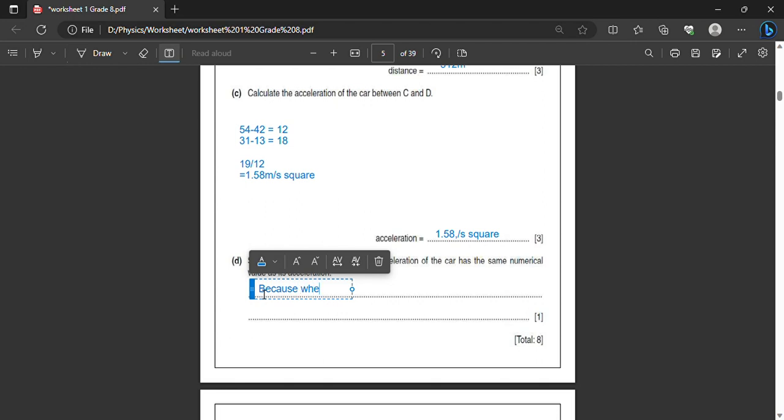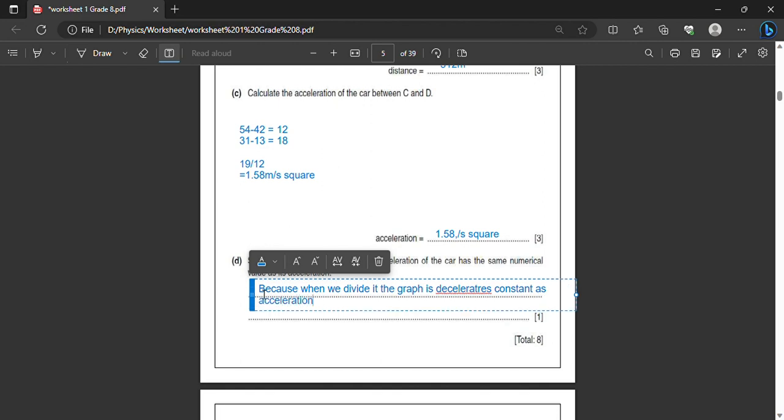When we divide, the graph decelerates. So we can write like this: deceleration is constant, same as acceleration.